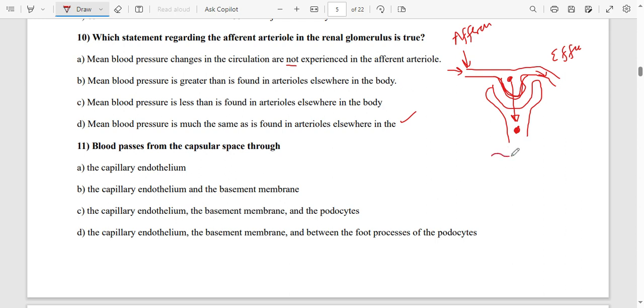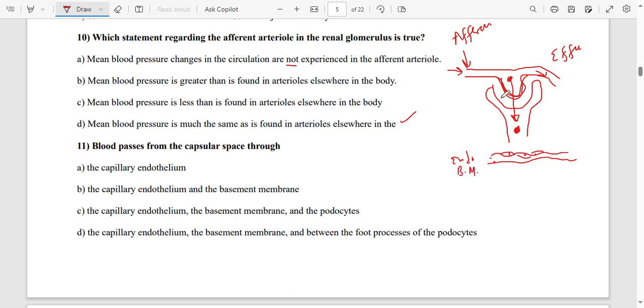The blood vessel has epithelial cells, which we call endothelial cells. So the first thing that we have to pass are the endothelial cells. These endothelial cells rest on the basement membrane of the blood vessel. So that's the next thing that we have to pass, the basement membrane.